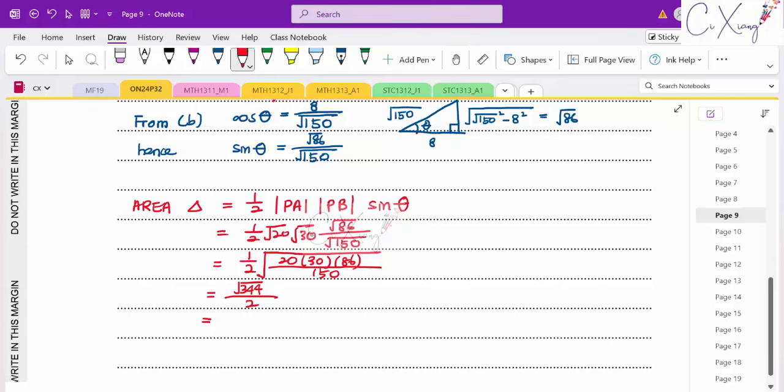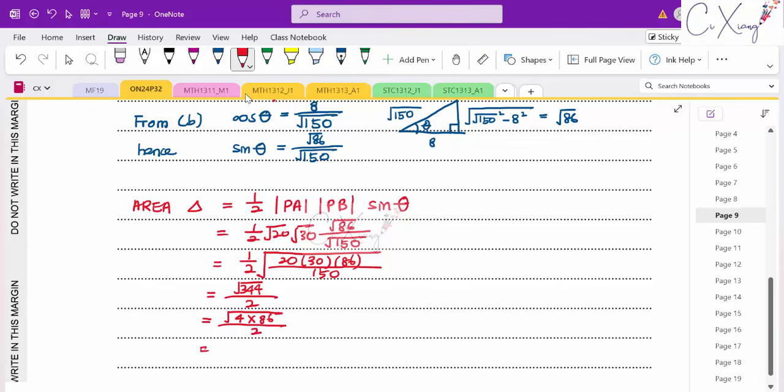Then after that, if you want, you can further simplify it. Try to simplify the square root of 344. Or if not, you can press the calculator directly to help you and get the value. Square root 344 can be simplified as square root of 4 times 86.